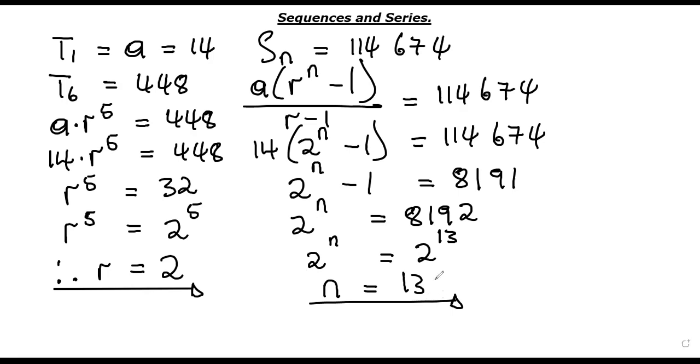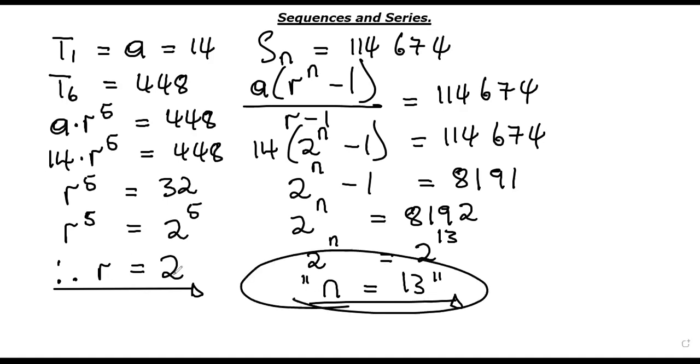But what is this 13? It's the total number of terms, which if we add together, the sum will be 114,674. But what did the question say? It says, determine the number of consecutive terms that must be added to the first 6 terms in order to obtain a sum of that.